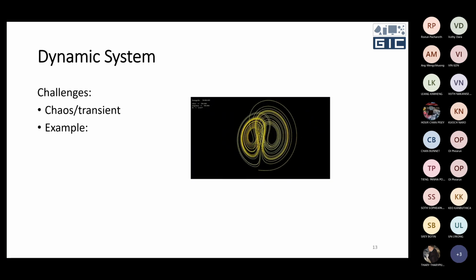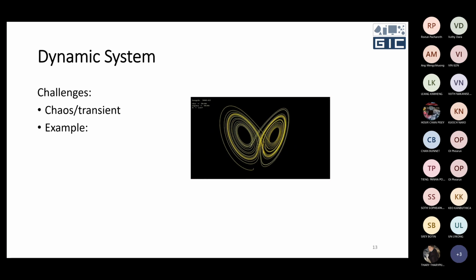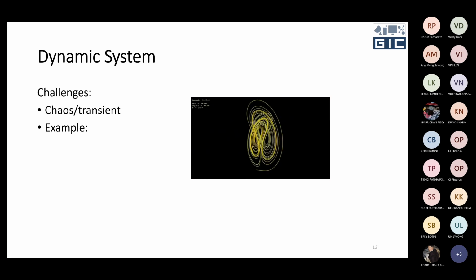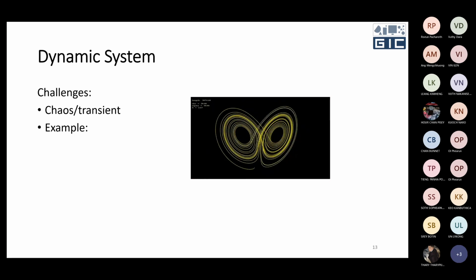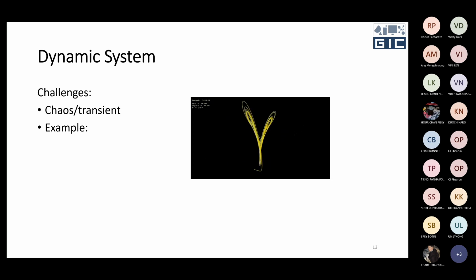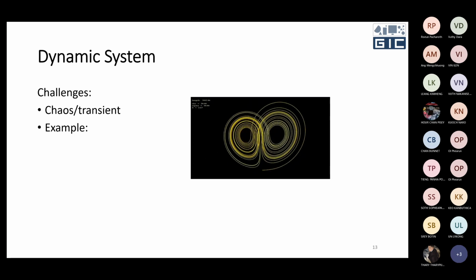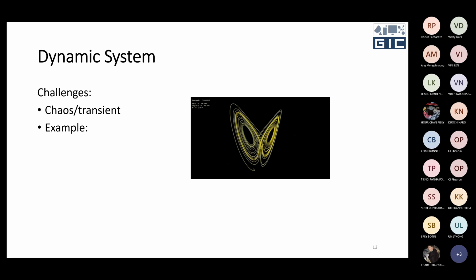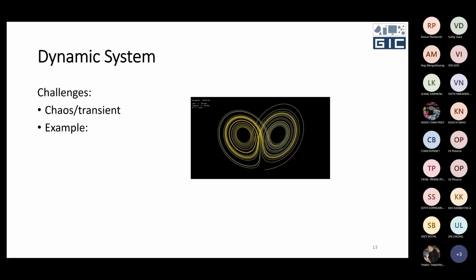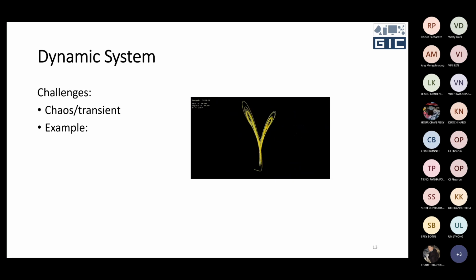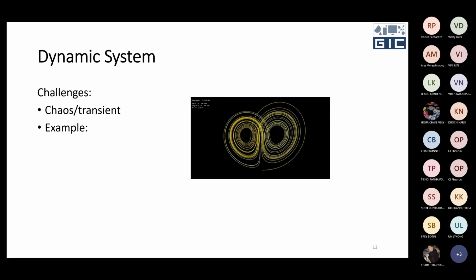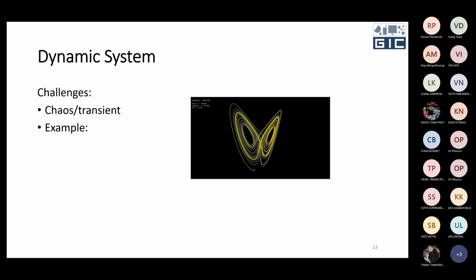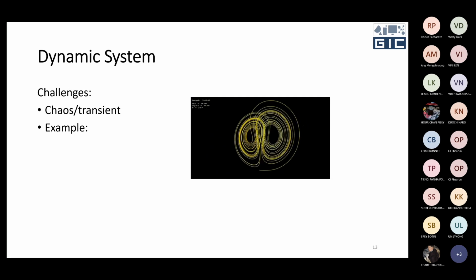Okay, the other challenge is about the transient or chaos. As you see in this figure, it produces something messy. This is something where you can predict the pattern, but the pattern produces something difficult to construct a formula for. In mathematics, for example, for some graphs you can use an exponential equation to represent it.